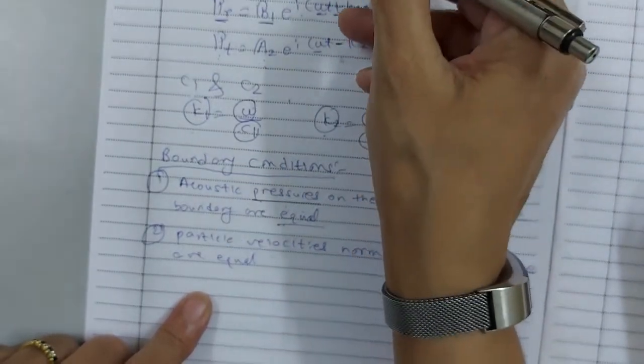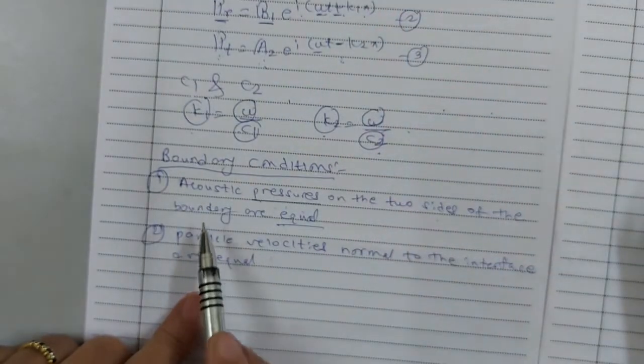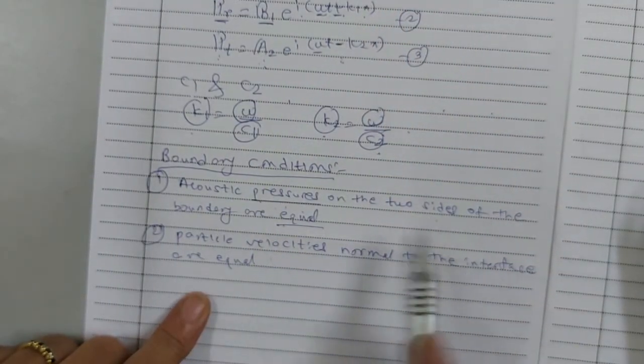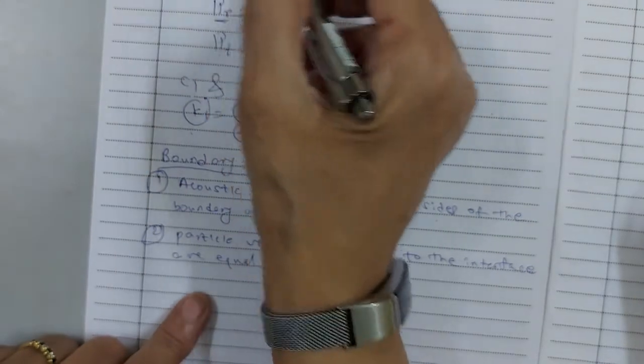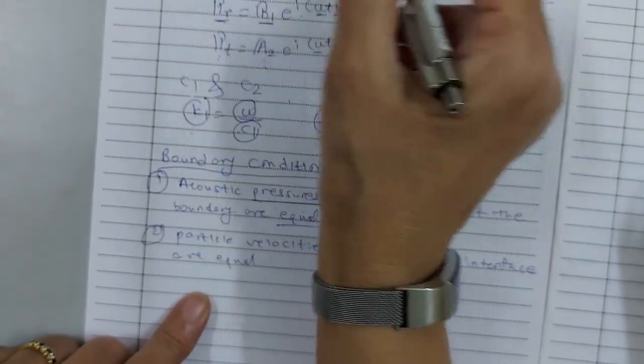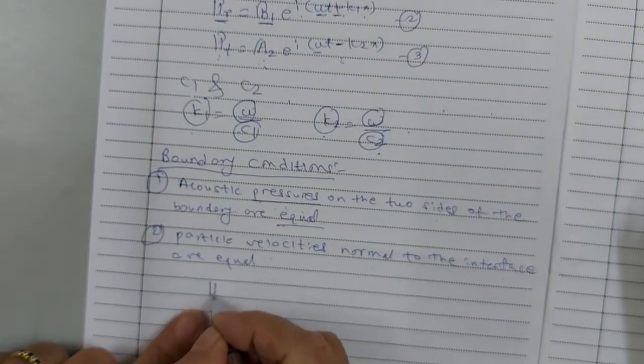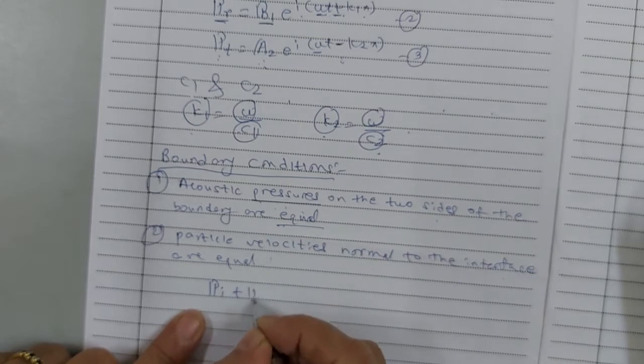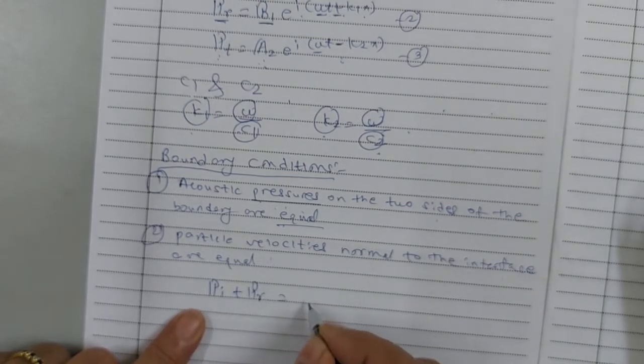I said the acoustic pressures on the two sides of the boundary are equal. So in medium 1 we have Pi and Pr, and over here we have Pt. In short, Pi plus Pr has to be equal to Pt.